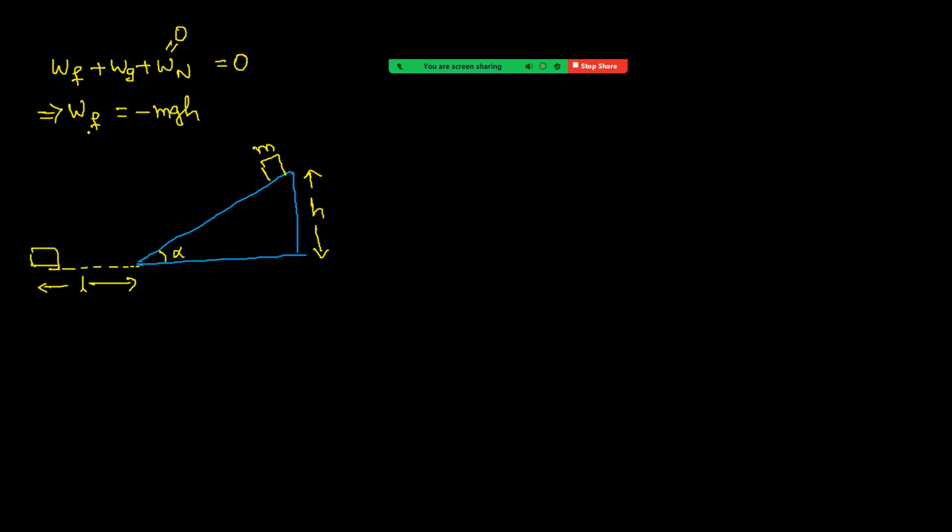So directly we can say the work by frictional force equals the loss in gravitational potential energy, so minus mgh. But in the problem, h is not given, which means we have to get the h value in terms of alpha, L and mu. Let us see what we can do.